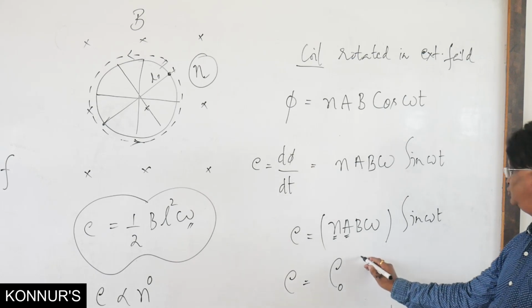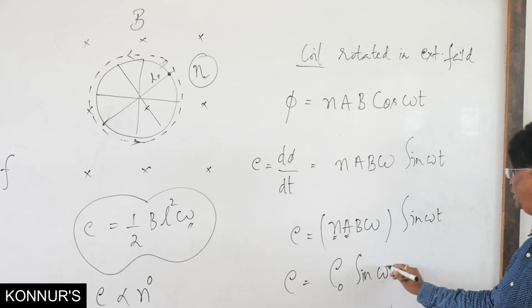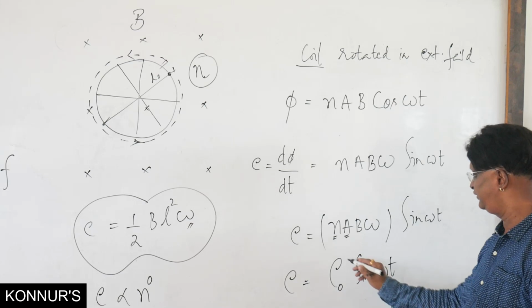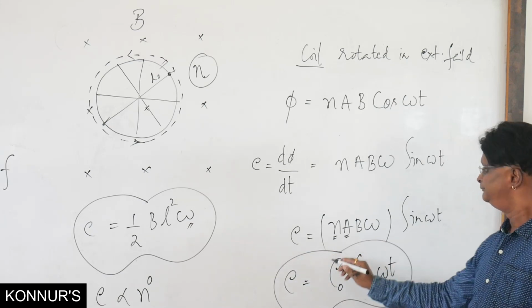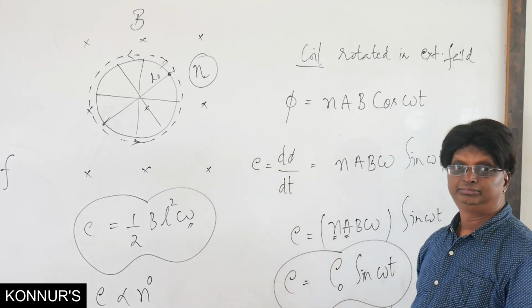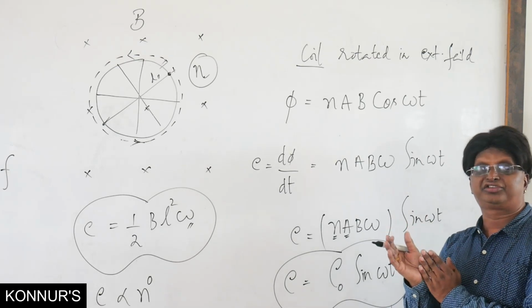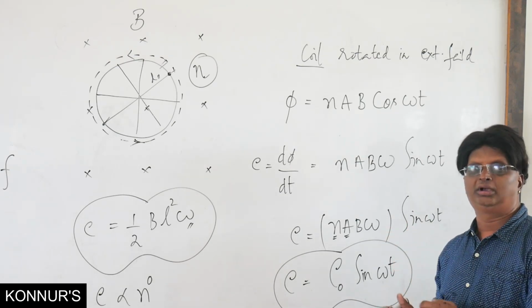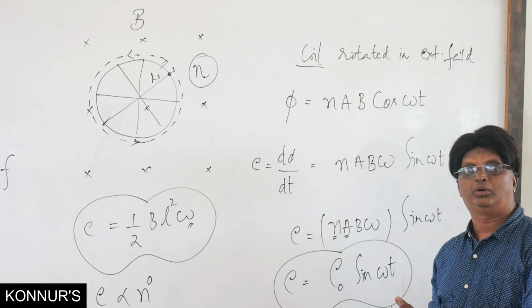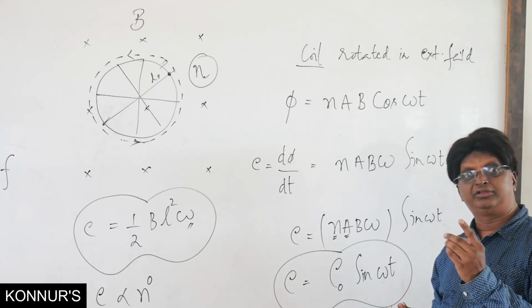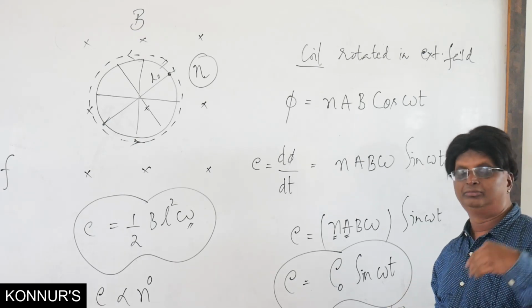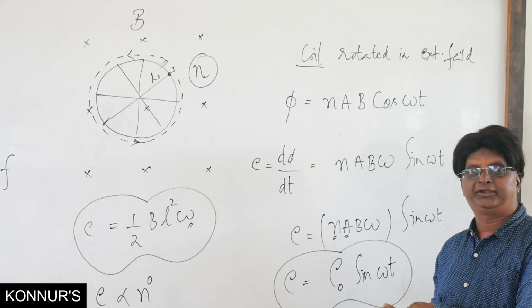And this is the famous alternating current. E is equal to E naught sine omega t. It is referred to as an AC voltage signal. Because in one rotation of the coil we have 4 quarters, and in those 4 quarters the orientation of A vector with the flux keeps changing all the time.